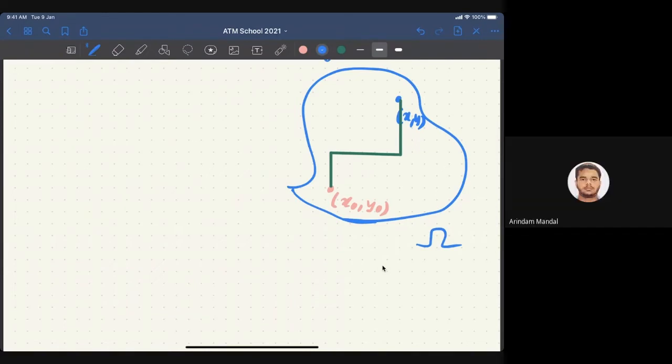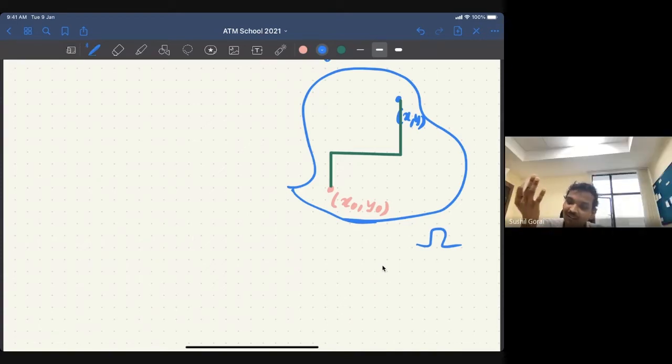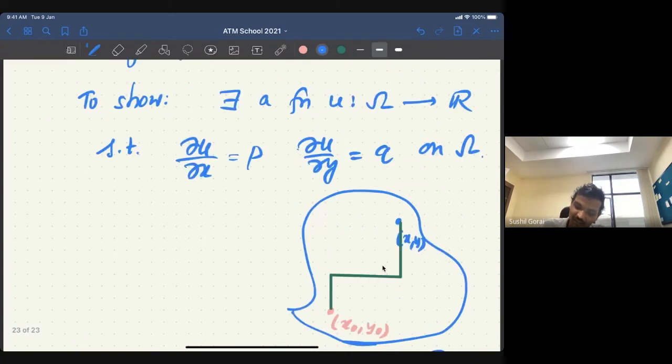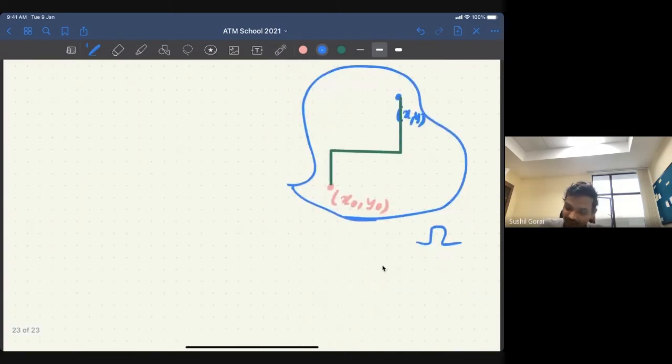Ultimately we want a candidate, define u of xy. The problem is whether this curve lies in omega. We don't know what omega is. I have drawn some picture, right? The question is whether this type of curve will always work.